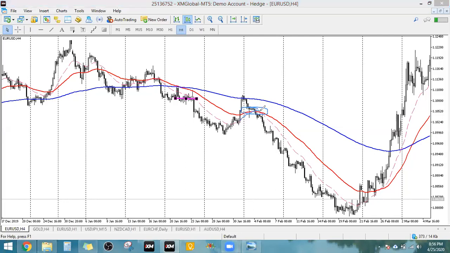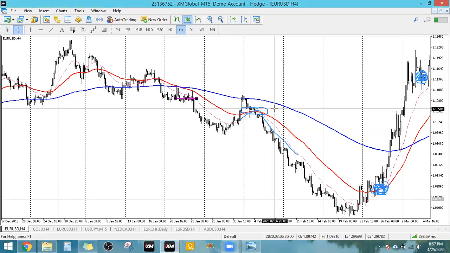Medyo pumantay lang siya and then eventually it went down. Okay? So it went down, pero nung time na i-close na niya, it already closed it here instead of here. So kita nyo, medyo malayo yung difference. We were able to close at a profitable trade.